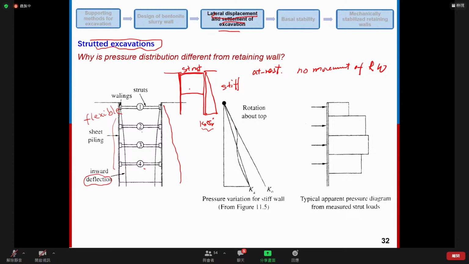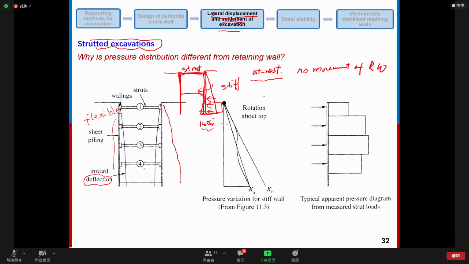However, due to the support of the strut, the retaining wall will have a rotation about this point. And due to this rotation, it will have a deformation at the bottom of the excavation. And due to this deflection, the soil at the lower part of the excavation is no longer at a rest condition.